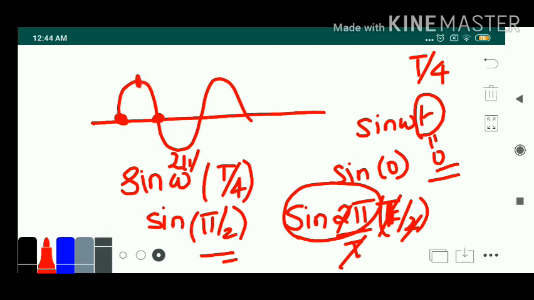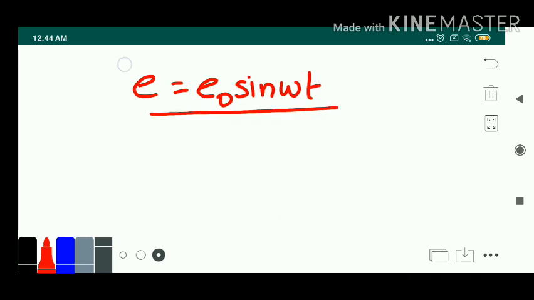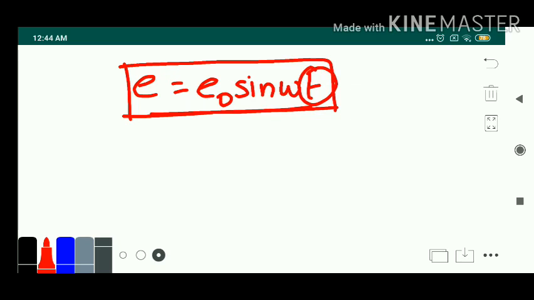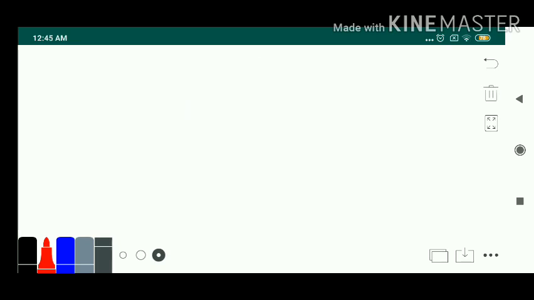All this I have taught, guys. So the expression E = E naught sin ωt is the EMF induced inside that coil at the tth second. Clear? So let's move on with the problem.